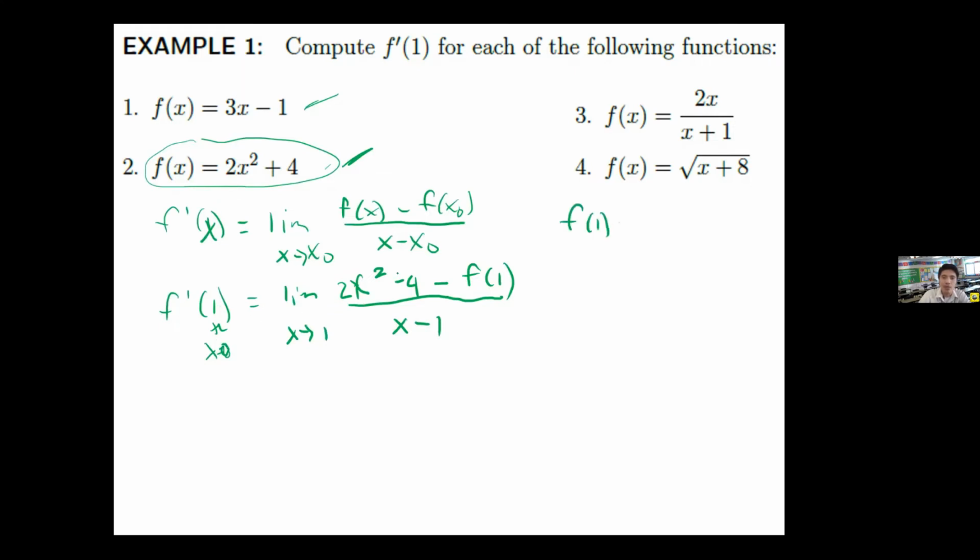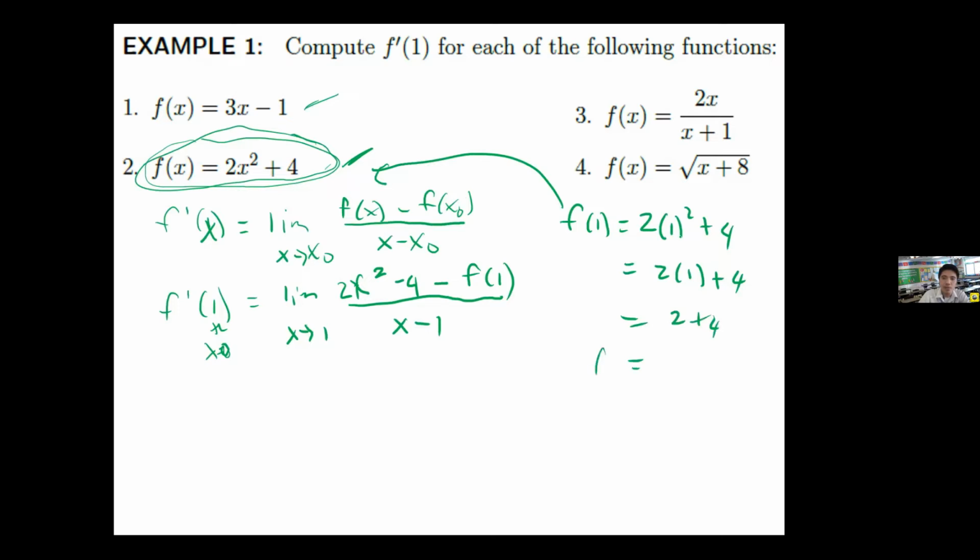How will we solve for f of 1? Again, base it on f of x. Replace all values of x with 1. So that becomes 2 times 1 squared plus 4, which is 2 times 1 plus 4, or 2 plus 4, so f of 1 is 6.